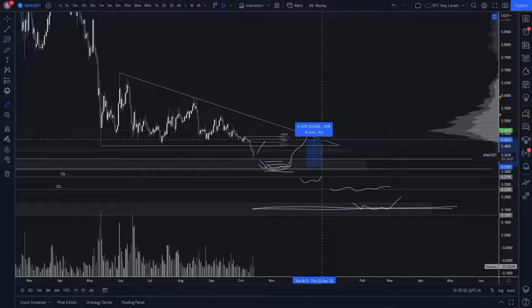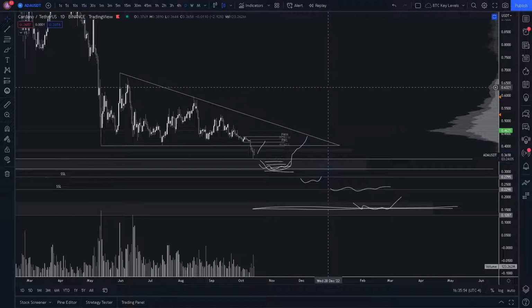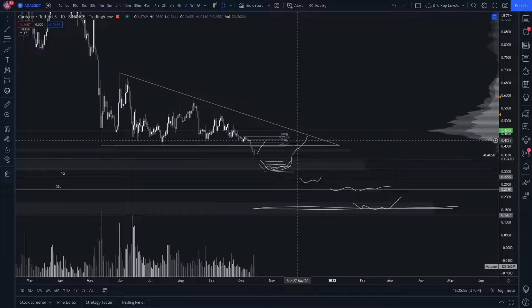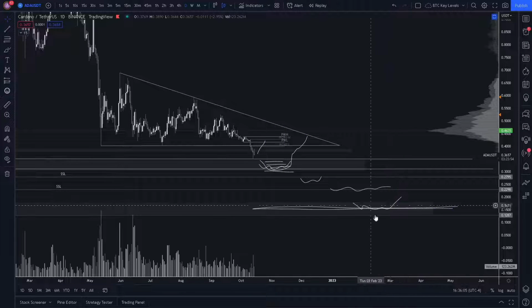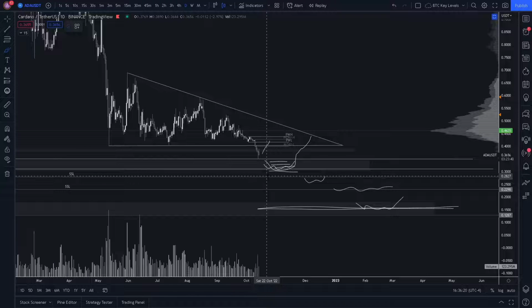An RR on this would be like a 35% gain. So if you want to be trading, this is a good area to look at, and this is also a great area to look at for trading. But if dollar cost averaging is your main bread and butter, then I would say anything under 30 cents is probably a good dollar cost averaging area.